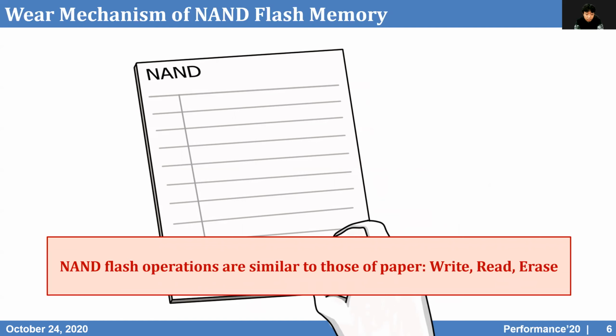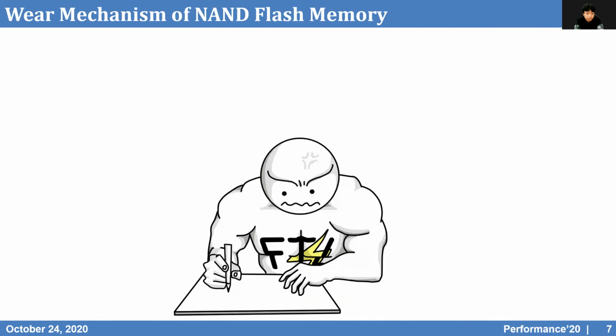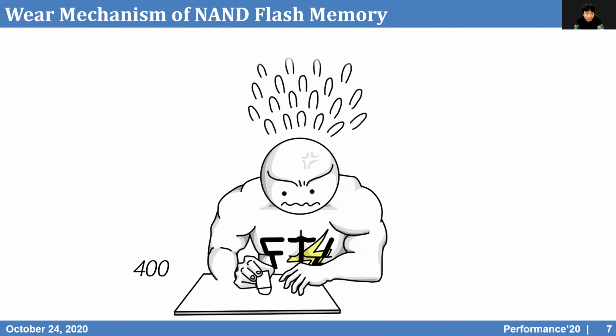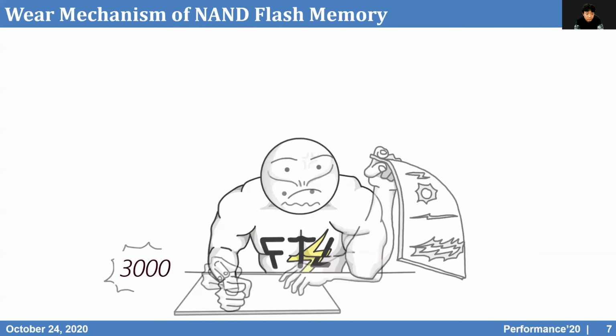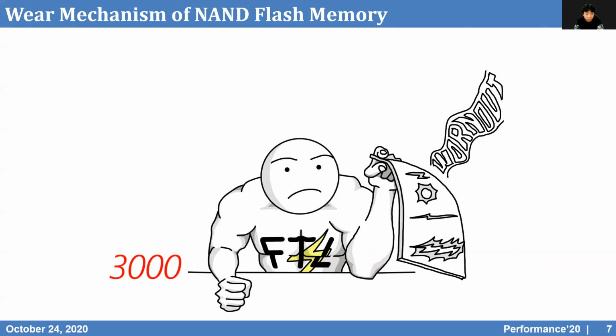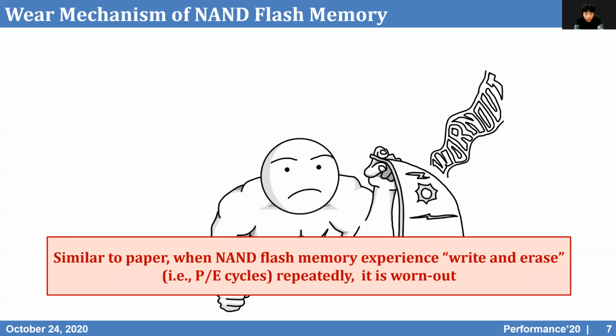These are very similar to NAND operations. When you write and erase repeatedly, paper is worn out, and it cannot function as a memory. Similar to paper, when NAND flash memory experiences repeated write and erase, it is worn out.